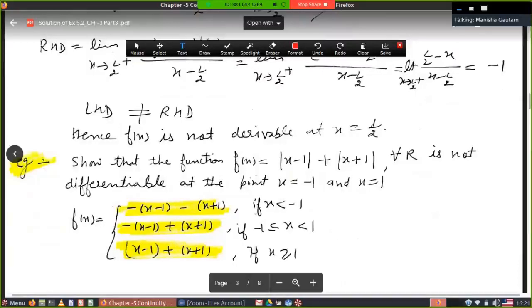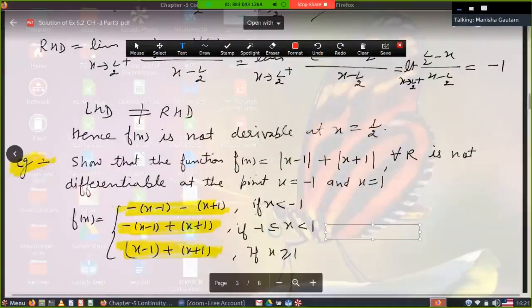Suppose this is the whole number line. If you want to check x minus 1 equal to 0, it comes out x equal to 1, and x plus 1 equal to 0, you are getting x equal to minus 1.